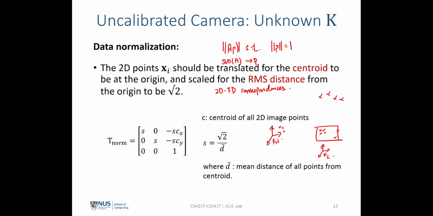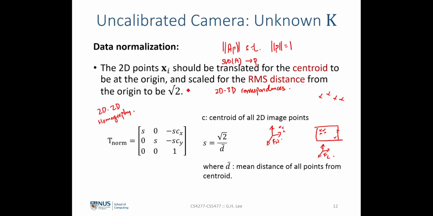We also saw in the homography lecture that a simple solution can be done to overcome this problem, and that would be to do data normalization. In the homography lecture, we were dealing with 2D to 2D correspondences, so the data normalization had to be done on the 2D domain for both of the images.